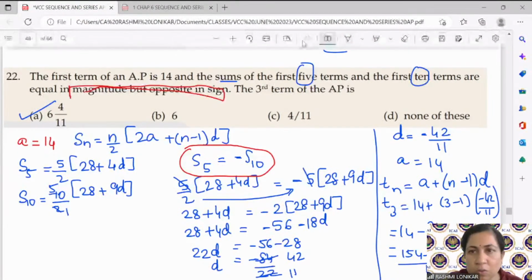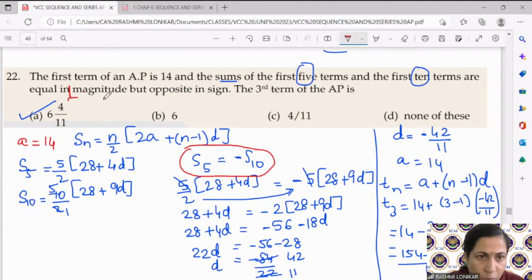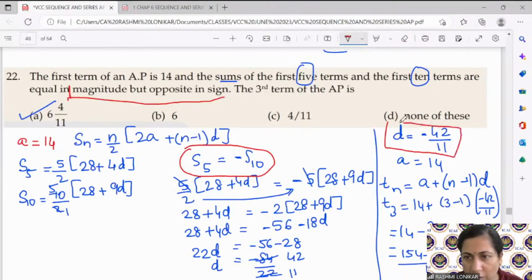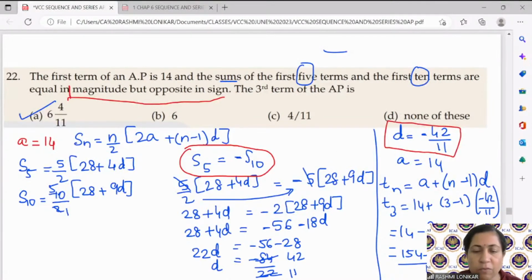This is the most important thing that you need to know. Using this, with A as 14 given, I have been able to find the value of D, and then I have been able to find the value of T3.